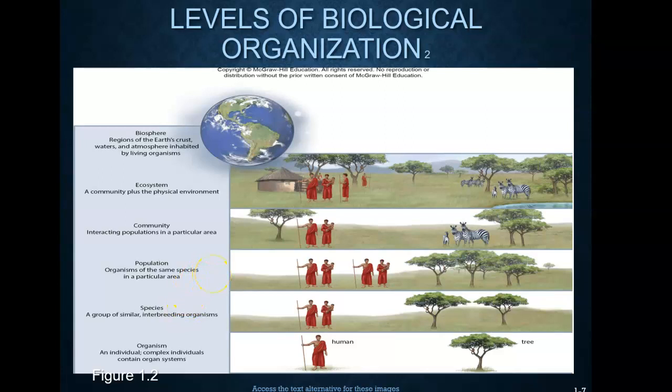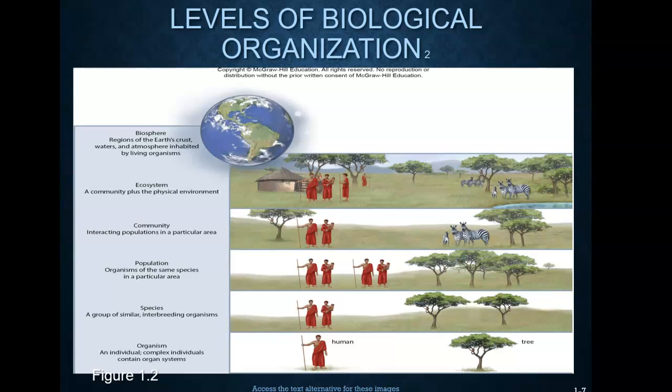And once you have the population, when you have more than one type of population interacting in the same area, then you constitute a community. And when you have that community plus the environment, then that constitutes an ecosystem.